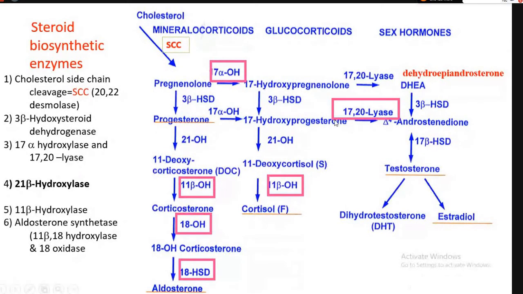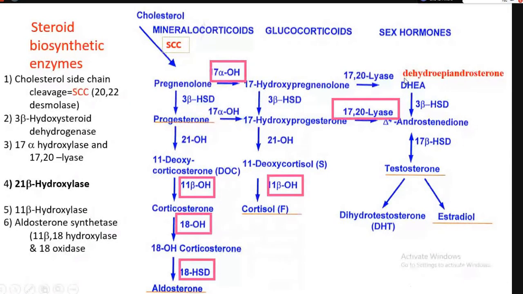If you go to one axis: pregnenolone, progesterone, 11-deoxycorticosterone, corticosterone, 18-hydroxycorticosterone, then aldosterone. One axis. Other axis: 17-hydroxypregnenolone, 17-hydroxyprogesterone, 11-deoxycortisol, cortisol. Second axis.